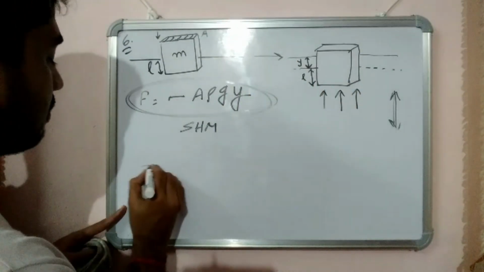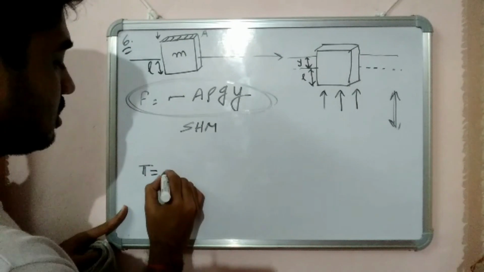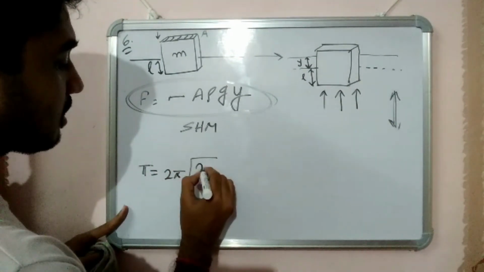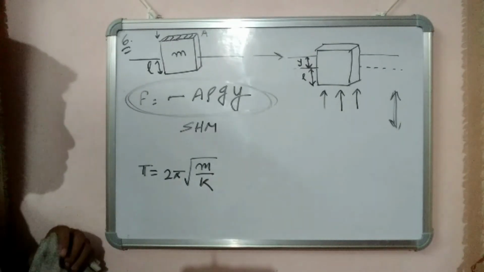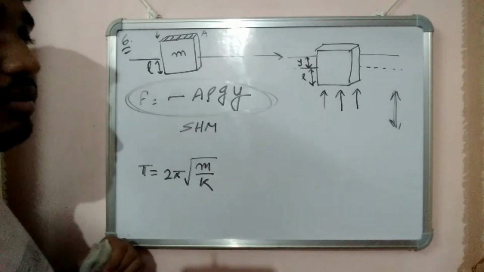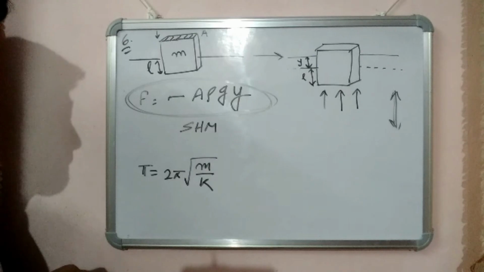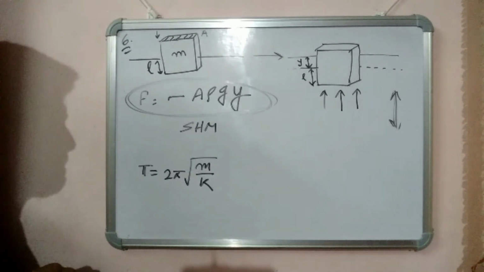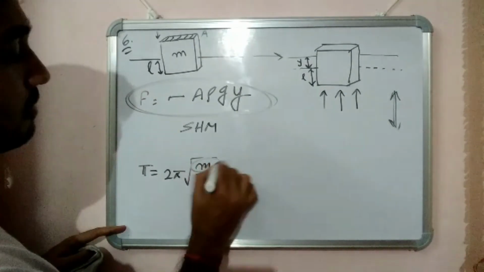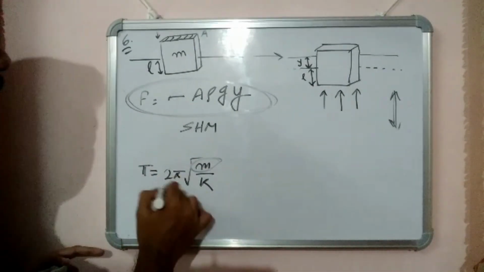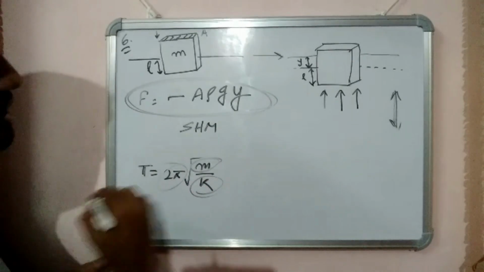As this is an SHM equation, and there is a spring-like oscillation up and down, the time period of a spring is 2 pi root m by k. So what can we conclude here? There is the inertia factor m, which is fixed in this case, and 2 pi is also fixed, and there remains k.